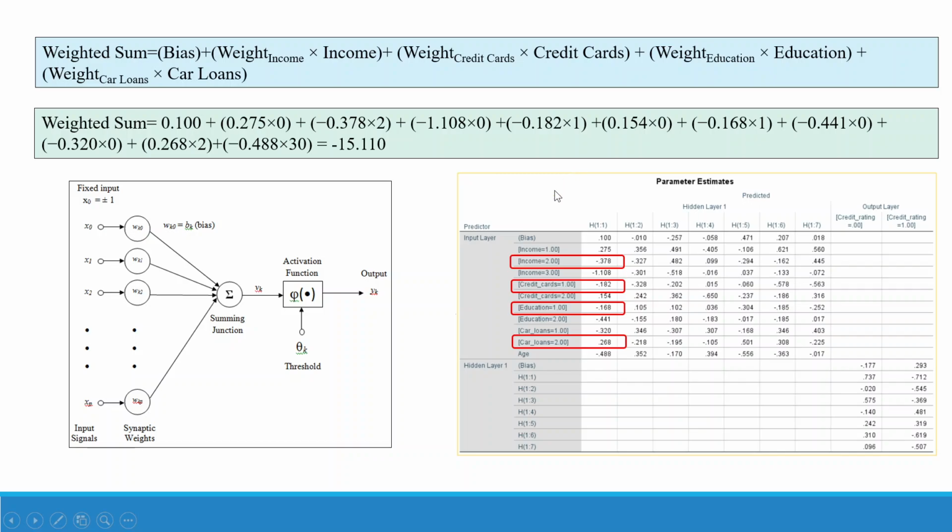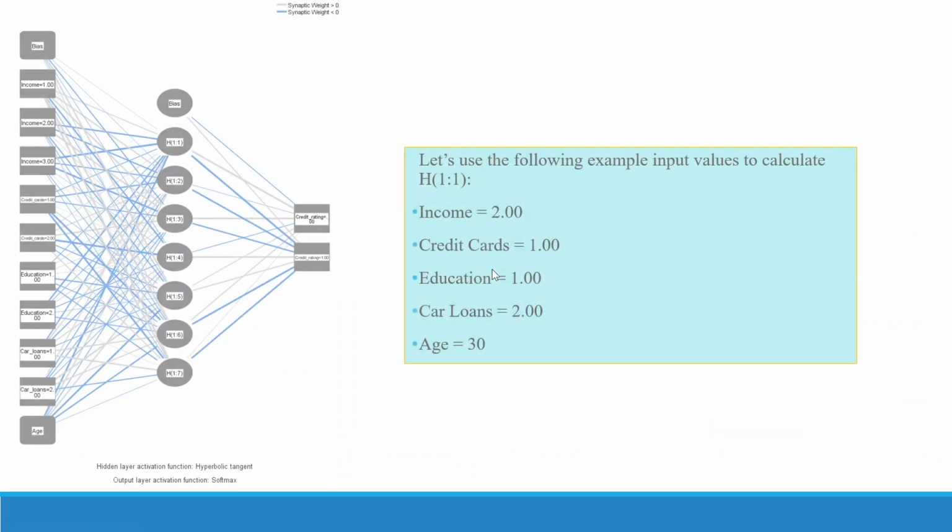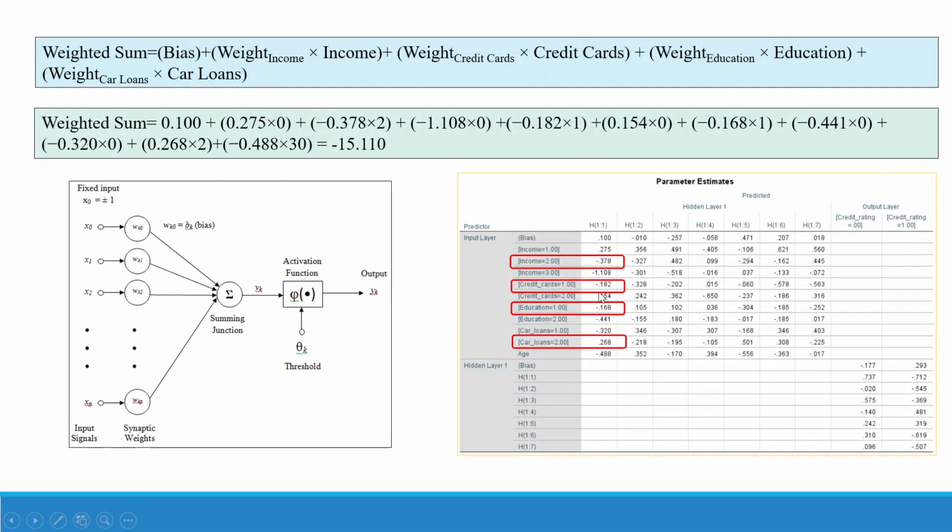The number of credit cards is 1. So minus 0.182 into 1, 0.154 into 0, plus education: minus 0.168 into 1 plus minus 0.441 into 0, because this is not his or her education.